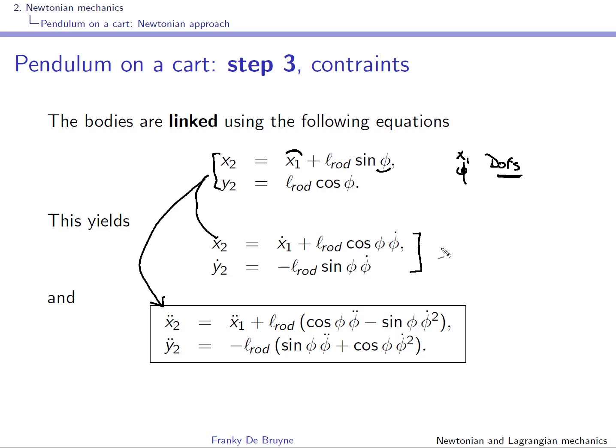And here again you take derivatives. Don't forget that if you take the derivative of this thing here, it's the derivative of a product, so it will give you two terms, right? But these equations here are linking equations, and they will be used to eliminate variables.